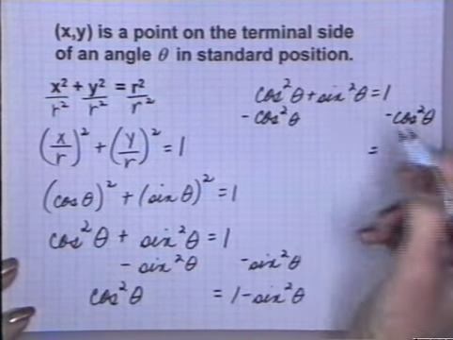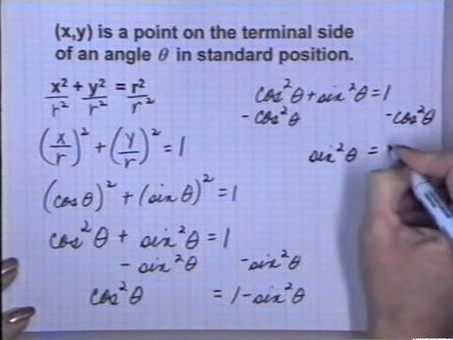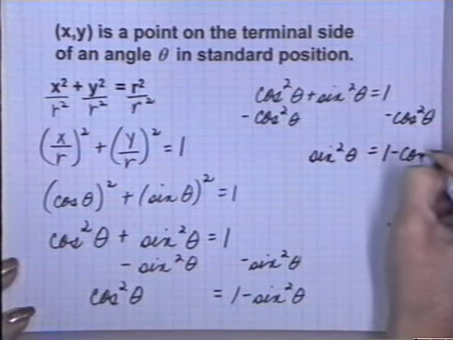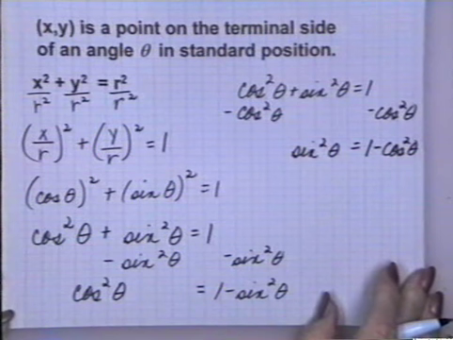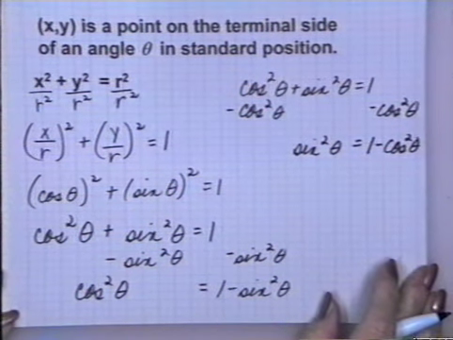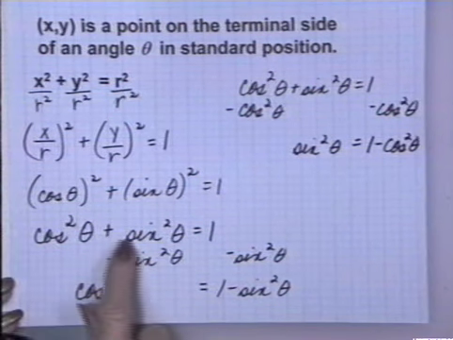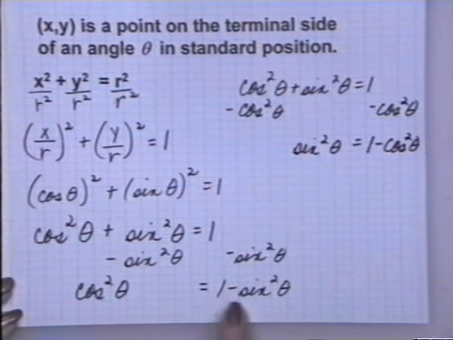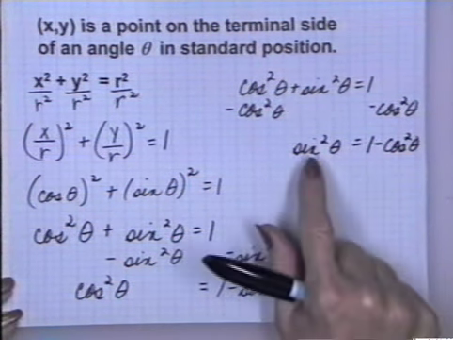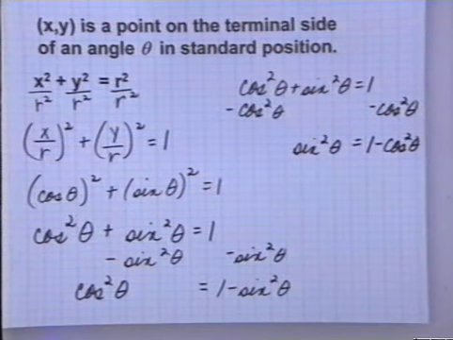Those add to 0, so we get sine squared theta equals 1 minus cosine squared theta. So we have 3 different forms of this identity, and you need to know all 3 of them. Cosine squared theta plus sine squared theta equals 1, cosine squared theta equals 1 minus sine squared theta, and sine squared theta equals 1 minus cosine squared theta.